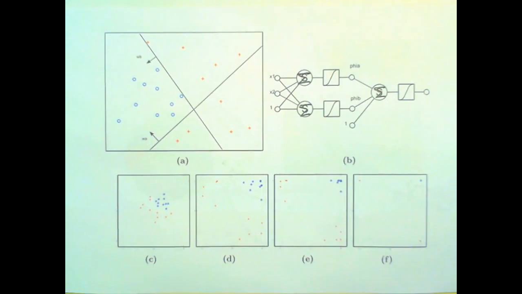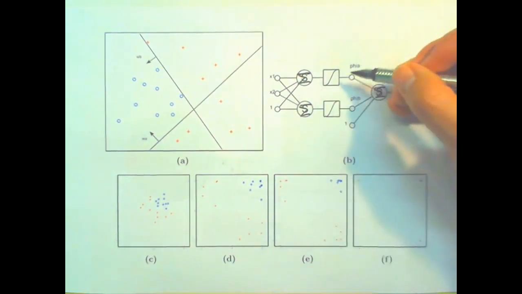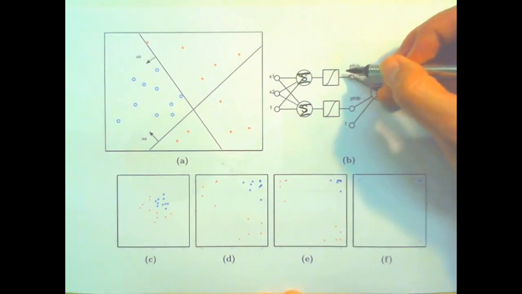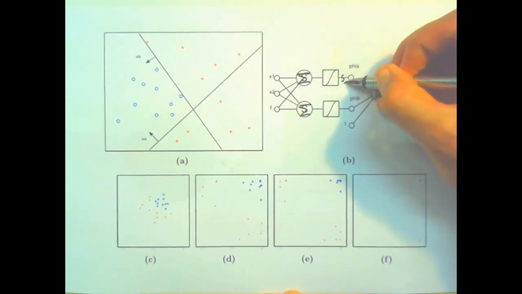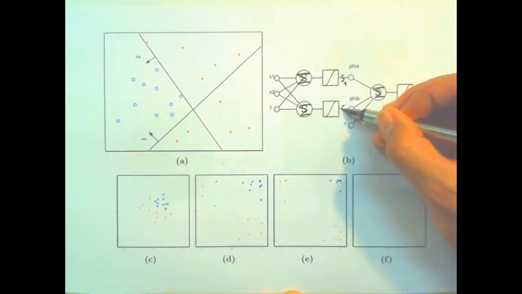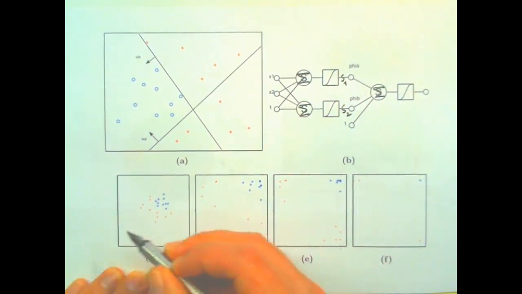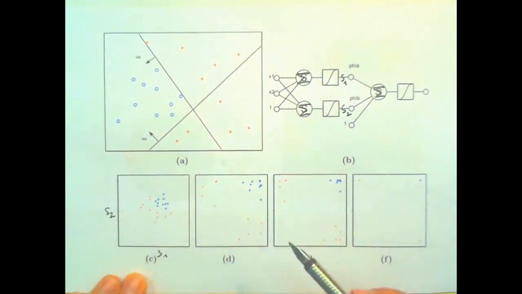So if you use a linear activation function, then you merely use an affine projection of your data. So this is the output of the first perceptron. I'm going to call this output S1 and S2, and these are my axes S1 and S2.